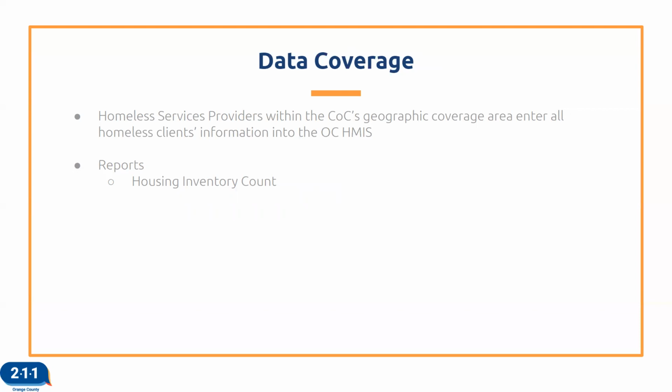This data is collected as part of the housing inventory count that we do on an annual basis. So we're looking at how many beds are in Orange County and what percentage of those are in HMIS. And we are reviewed on this as part of our CoC applications, which is why it's so critical to get as many projects participating in HMIS as possible.